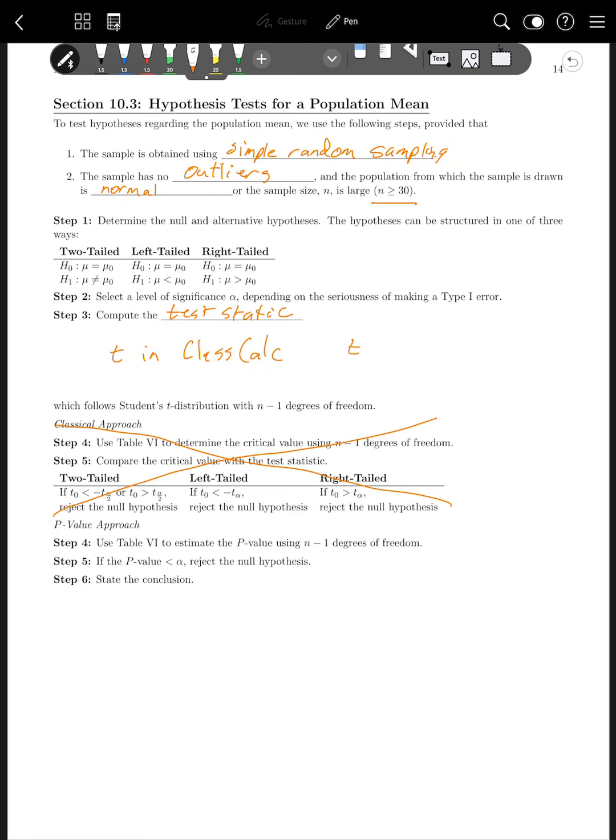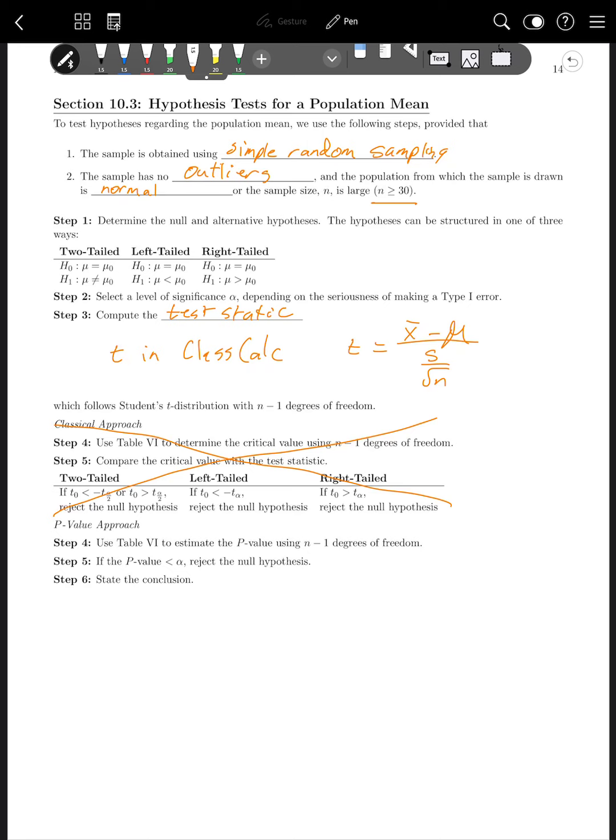It is also equal to t equals x bar minus mu over s divided by the square root of n. Okay, so that's the idea. Then we can use table 6 to estimate the p-value using n minus 1 degrees of freedom.